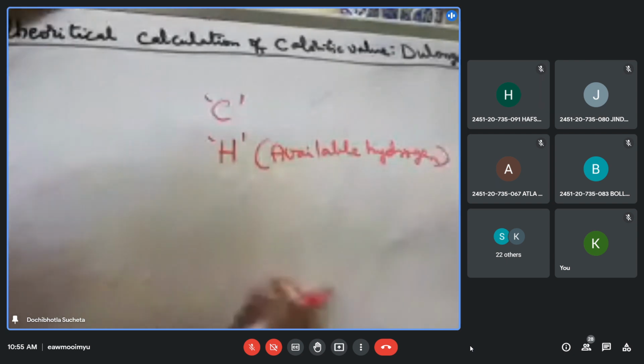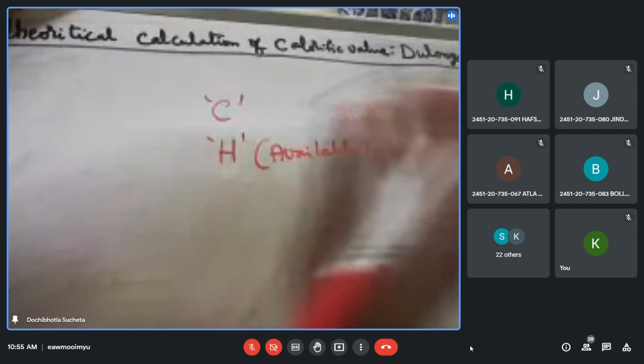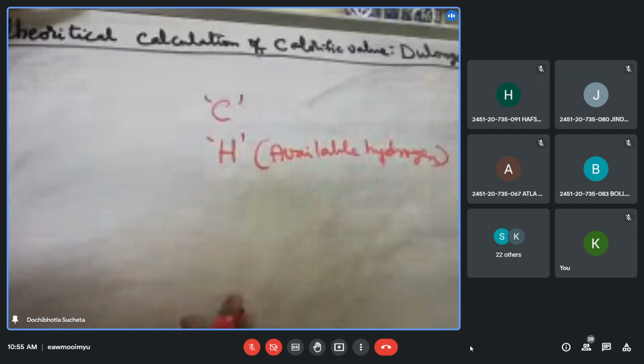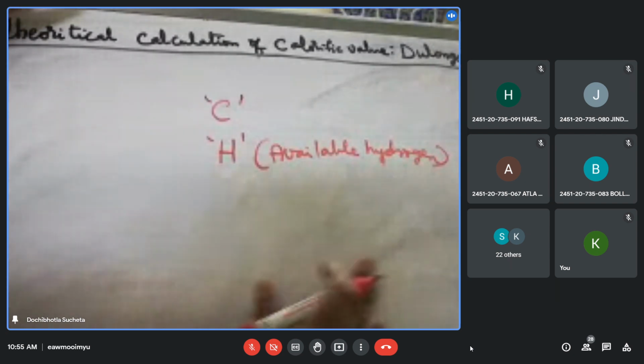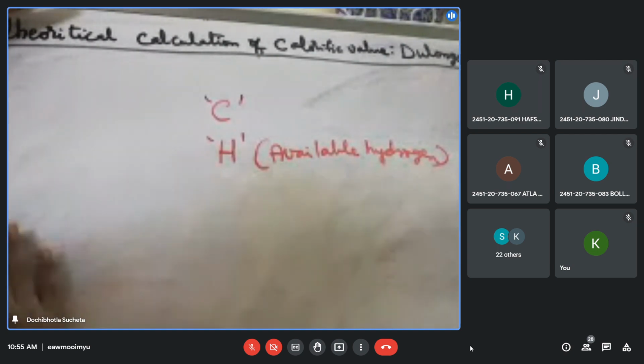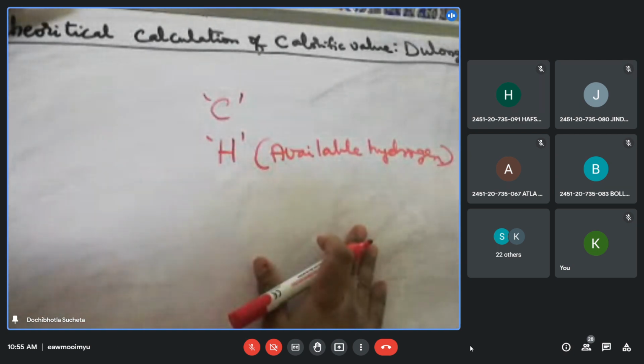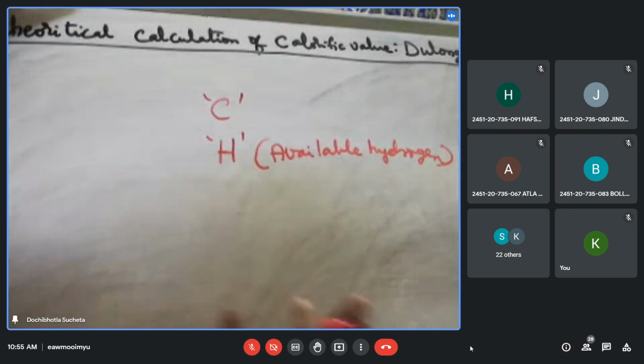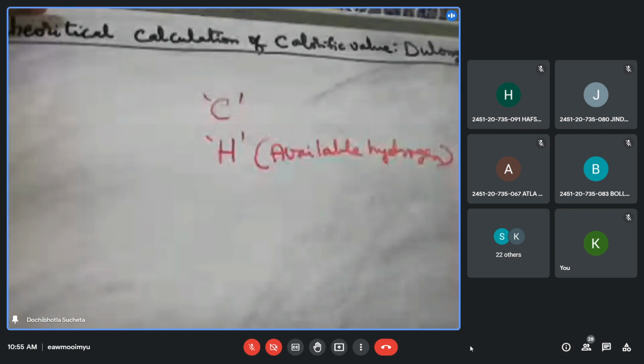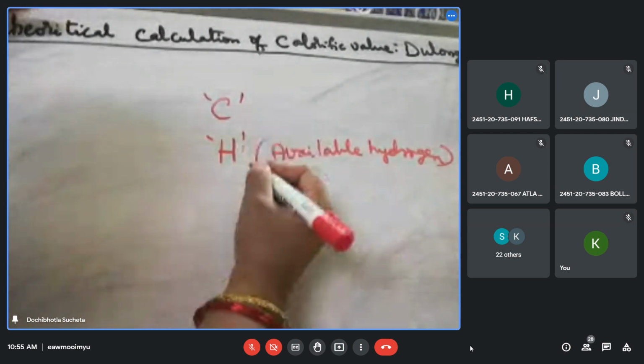Some amount of hydrogen which is already combined with oxygen to form H2O is called fixed hydrogen or combined hydrogen. That does not support combustion because it forms moisture and decreases the calorific value. I'll explain that after 2 minutes.